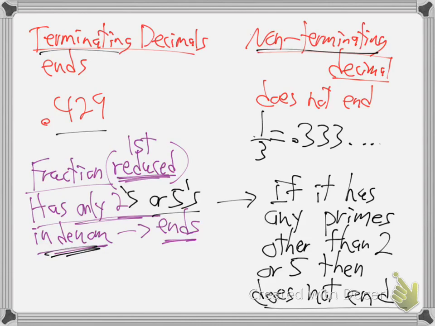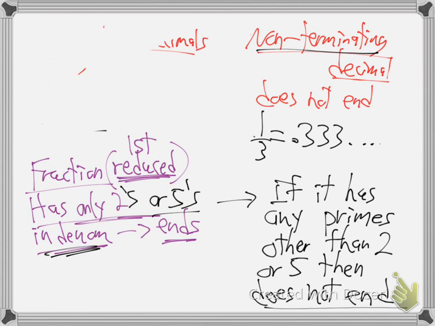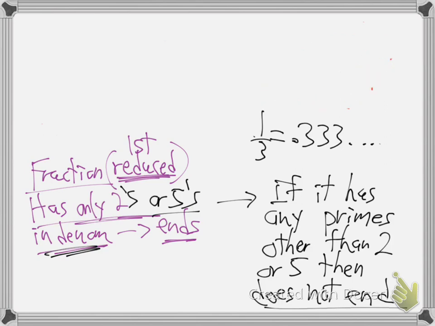Get that copy down. Let me go up here and give some examples. We'll just do a couple examples and we'll stop. We'll not quite make it through this section, which is fine. You all didn't want more homework for the weekend anyway, I'm assuming. Okay, so like the 1/3, we already gave the 1/3, right? That one goes forever, and the reason is because it has a number in the denominator other than 2 or 5.